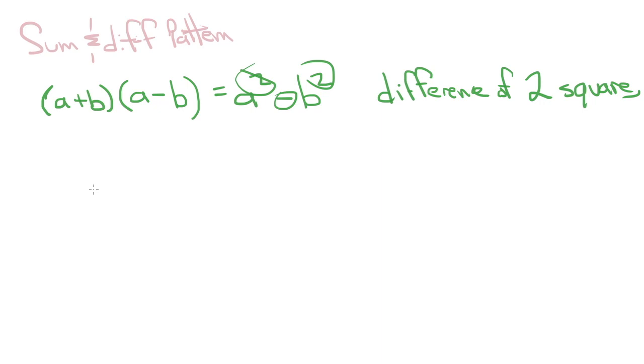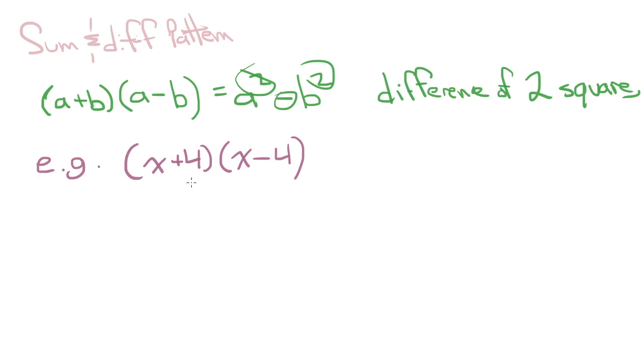So let's say you had, let's do an example, x plus 4 times x minus 4. So same thing, but you guys notice that like, hey, wait a second, something's going on here. A plus and a minus. So how does this work? Well, basically you end up squaring.